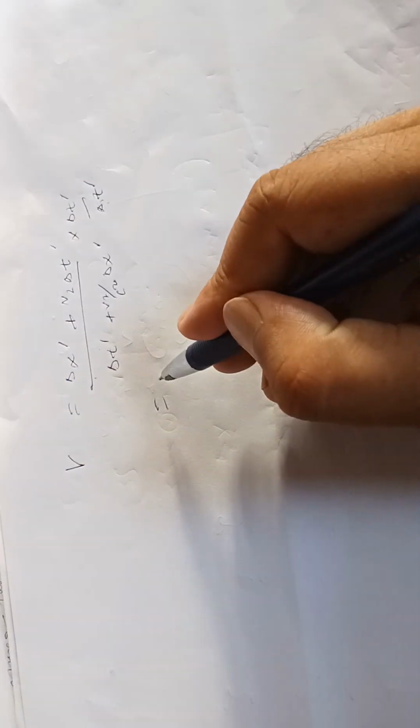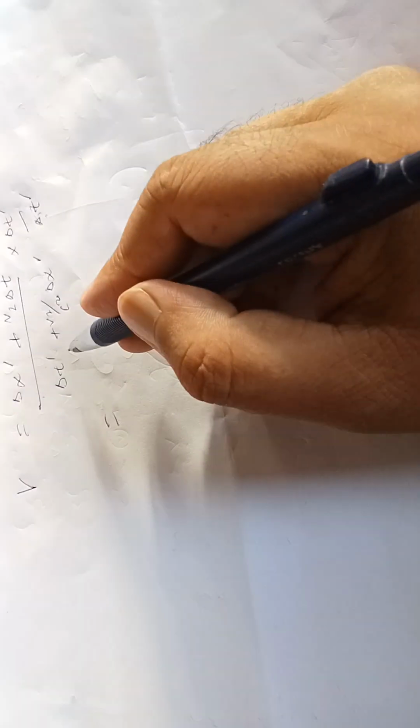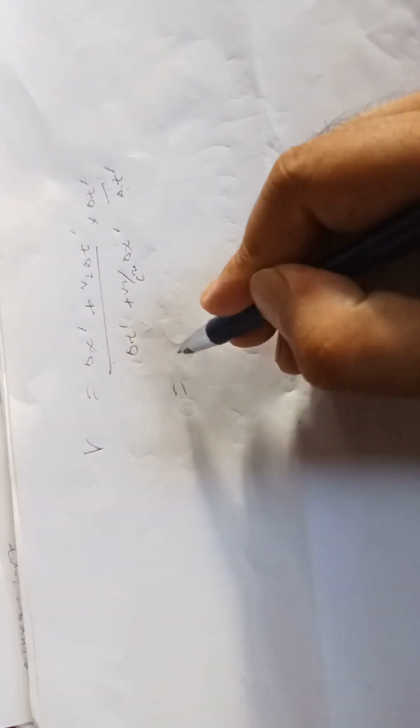If I divide the numerator and denominator by delta t prime, delta x prime upon delta t prime is the velocity observed by the frame S prime for the given object, which we assume is v1. So v is equal to v1 plus v2, upon 1 plus v2 upon c square times v1. This equation is known as the velocity addition formula.